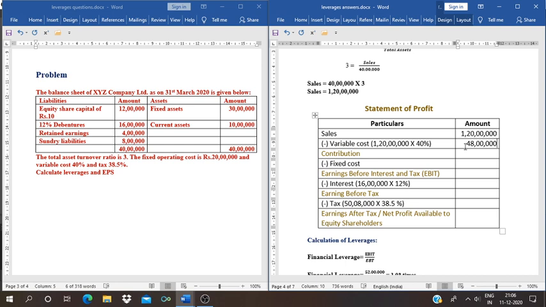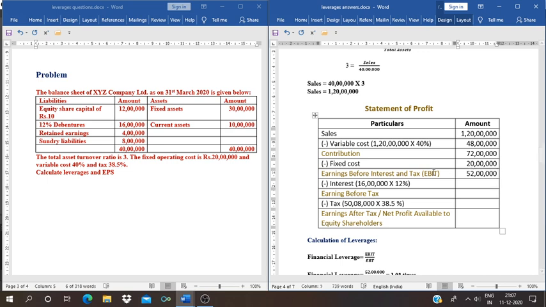So 1 crore 20 lakhs minus 48 lakhs is the contribution, that is 72 lakhs. Then less fixed cost. In the problem, fixed operating cost is 20 lakhs, which we write here. So contribution minus fixed cost is the EBIT. EBIT here is 52 lakhs.